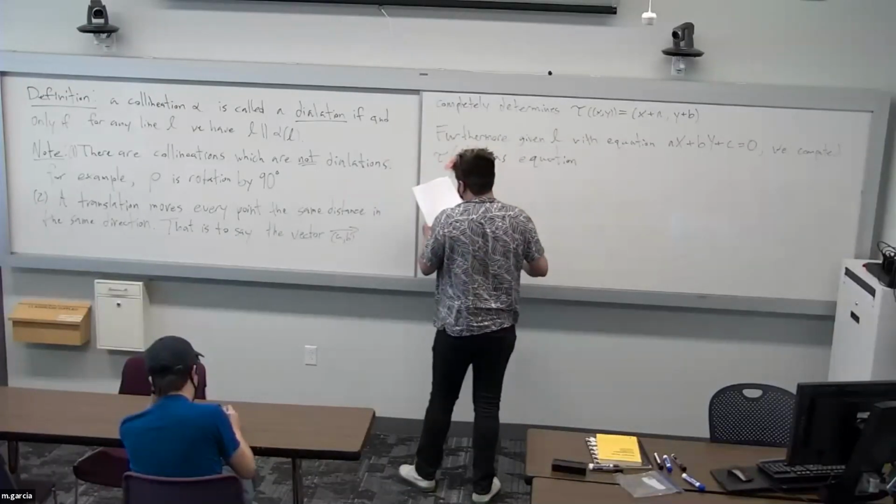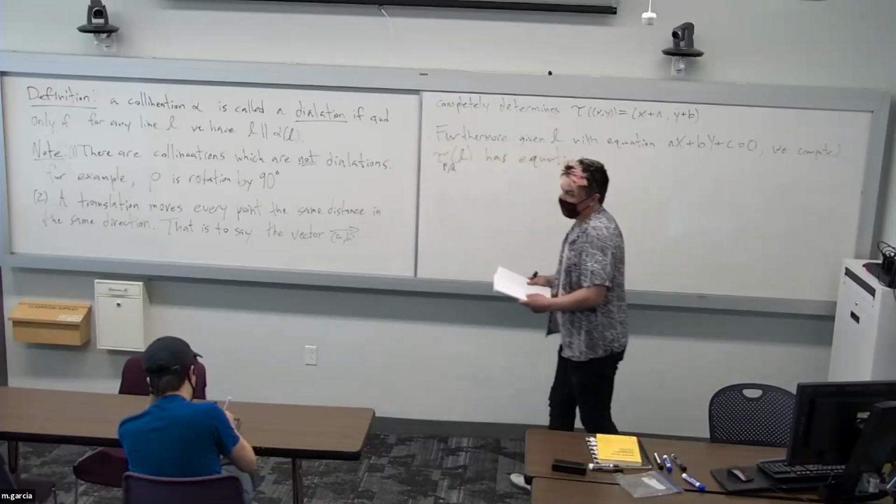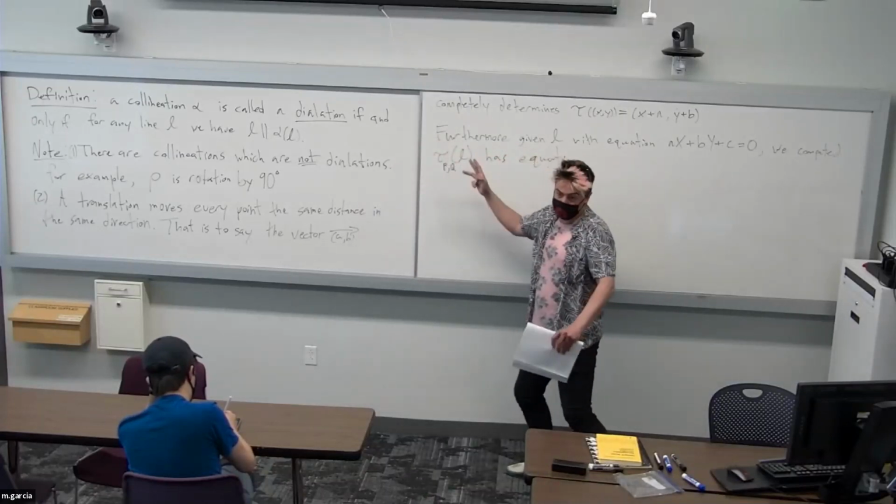Now my translation is tau sub p comma q, just so we have concrete points to work with in our notation.